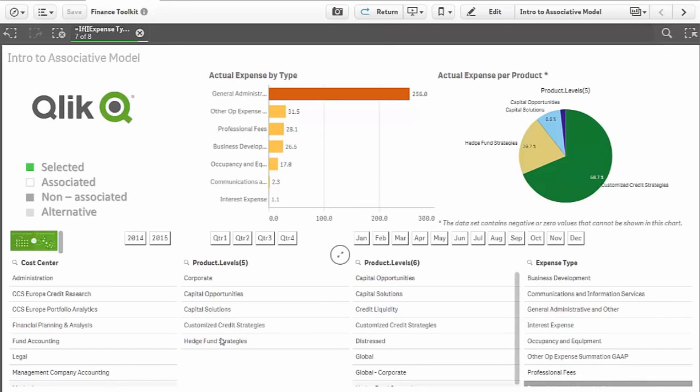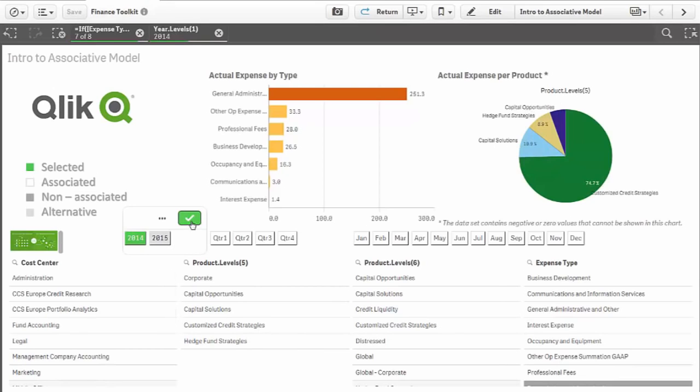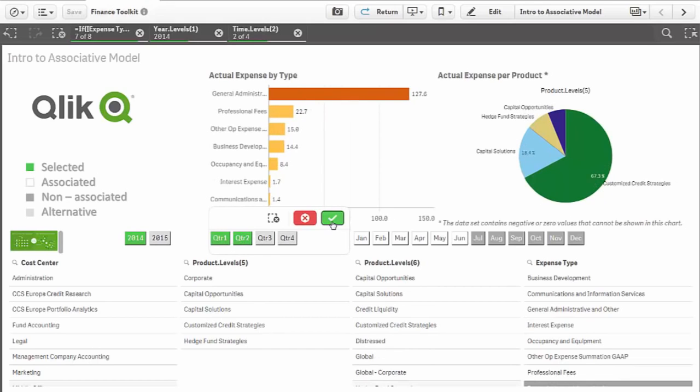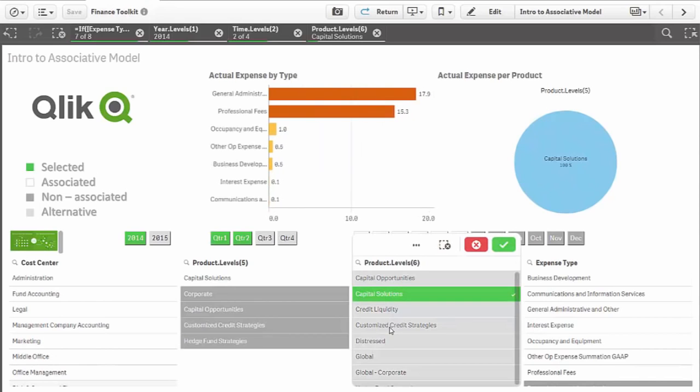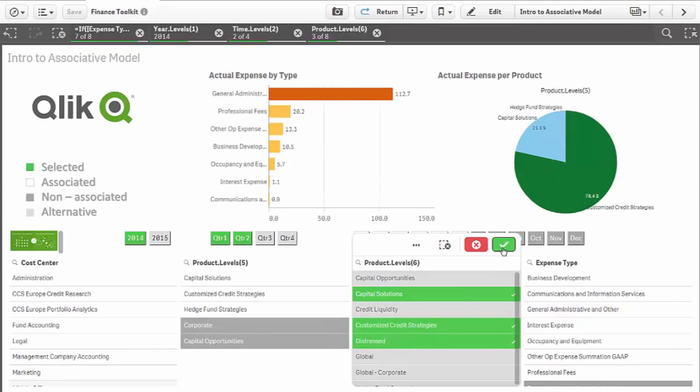So here we are now in an introduction to the associative model, and what Click brings is the ability to make any selections on your data and not have to require any more janitorial spreadsheet work. For example, I can look at the first couple quarters of 2014, and I could go into expense type or a product level type and consolidate and aggregate 3 different types of products.